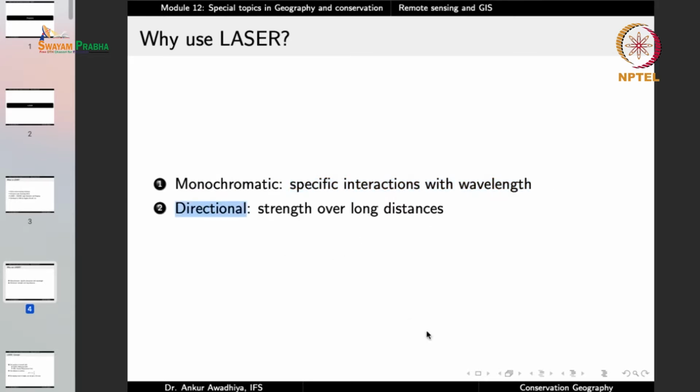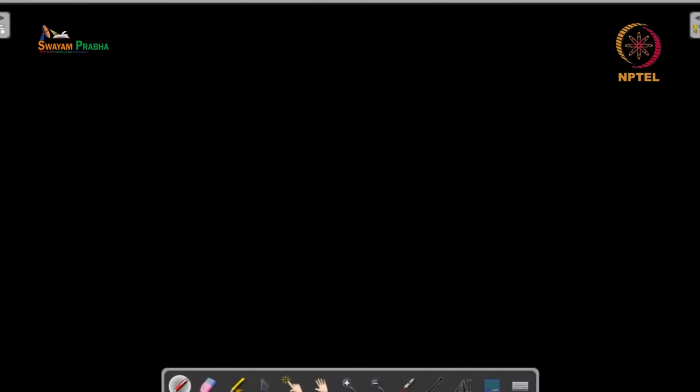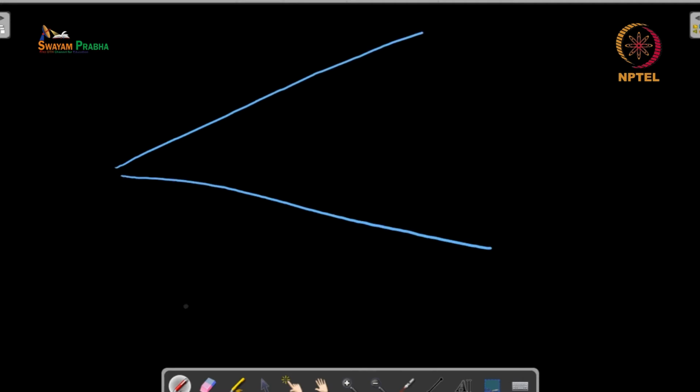Two, it is highly directional. This means that the beam of light does not spread. It moves just as a beam for a very long distance. Now what happens is that if you have a beam of light that is spreading, the beam of light is going like this.